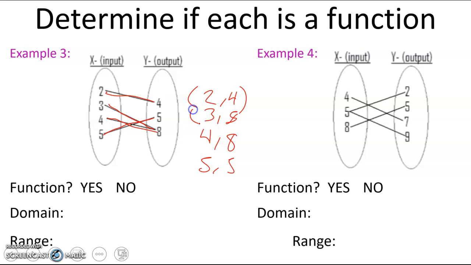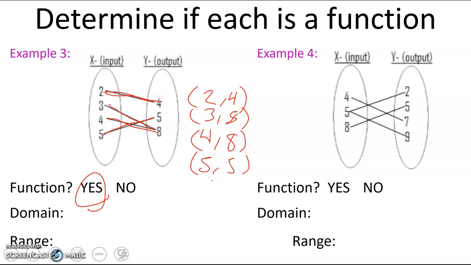And again, notice that your x values don't repeat. This 2 is matched to exactly one y. This 3 is matched to exactly one y. 4, one y. 5, one y. So because none of my x values repeat, and my x's are each matched to exactly one point in the range, I do have a function.